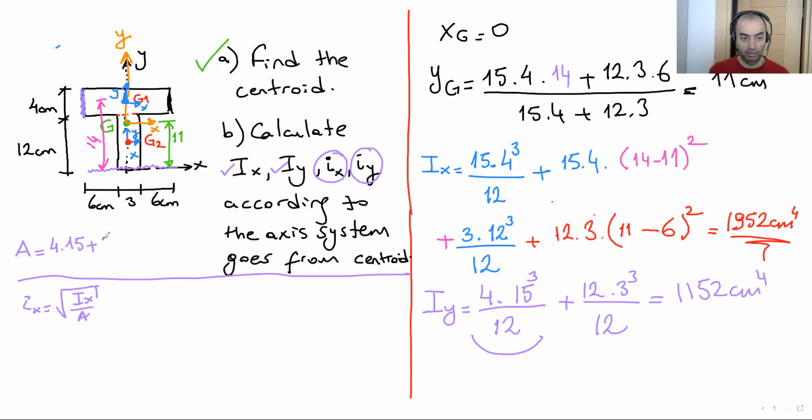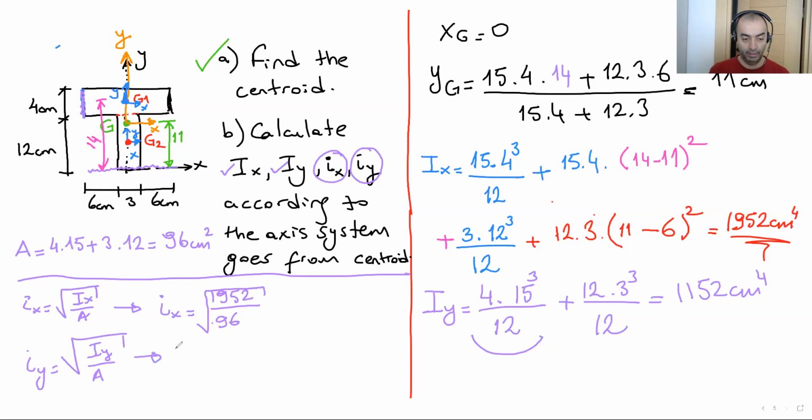The area is 96 centimeter squared. So let's calculate ix here, over this one, and it's the same for the y-axis. Here we use Iy.